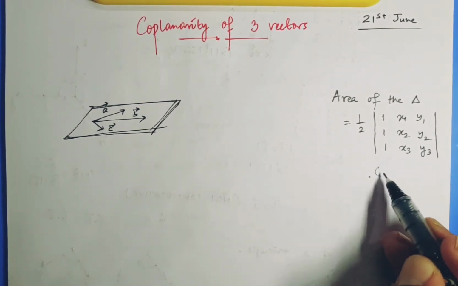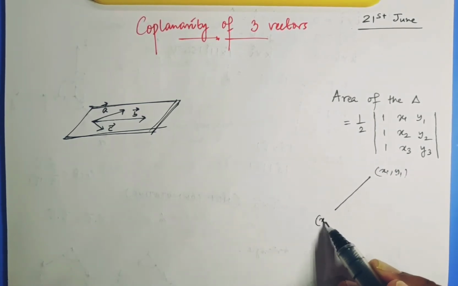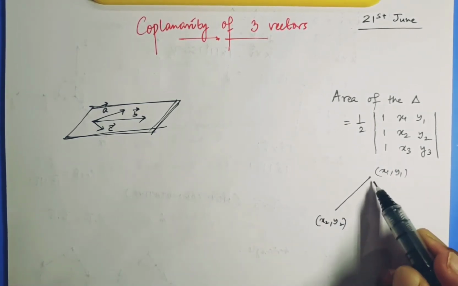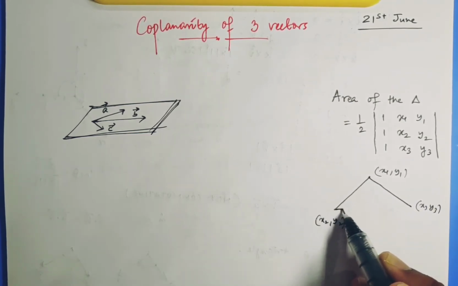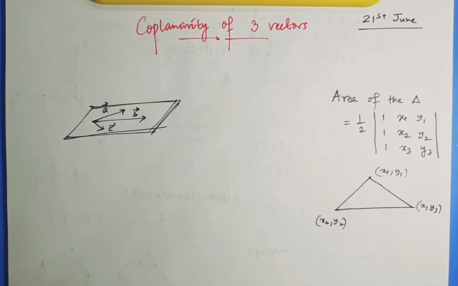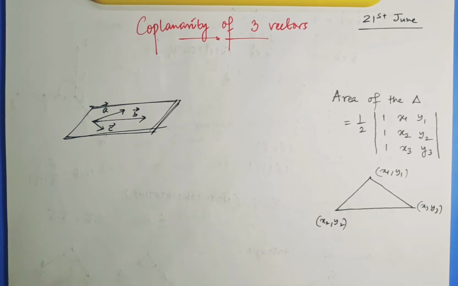Suppose here we have x1, y1, then we have x2, y2, then we have x3, y3. These 3 points make up a triangle, and this formula gives you the area of the triangle. Now my question is, in that portion you have learned one expression, that if these 3 points lie on the same line, suppose these 3 points are collinear, what happens to the area?